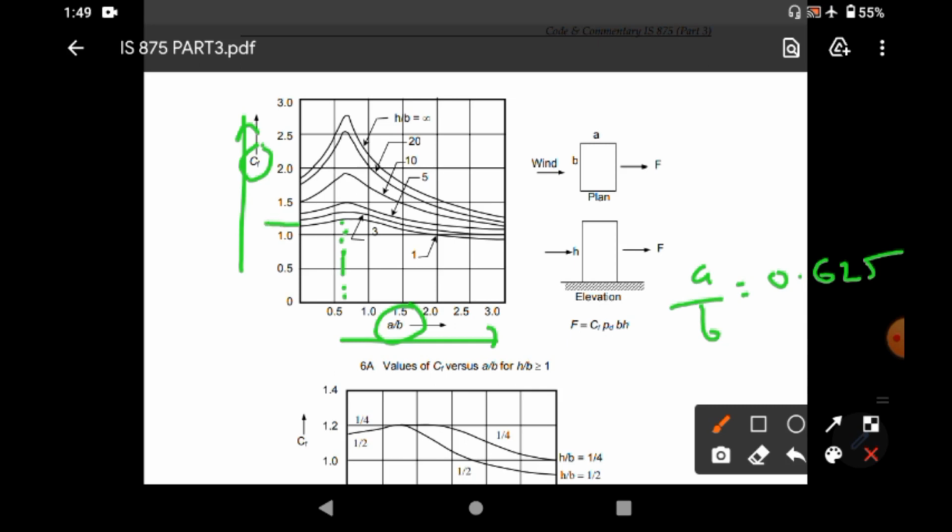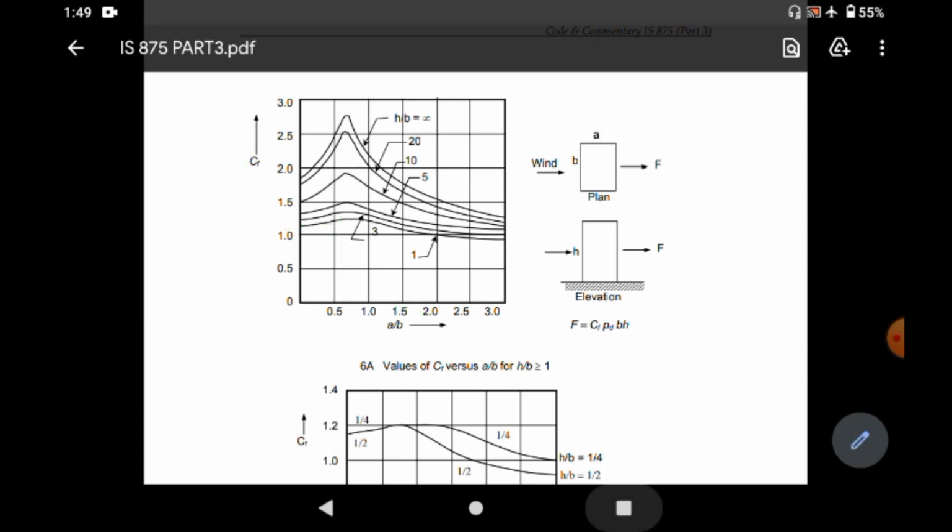This is the line which is passing through the particular point where both values are crossing each other. So it would be definitely around 1.1 or 1.2, but generally we take 1.2.